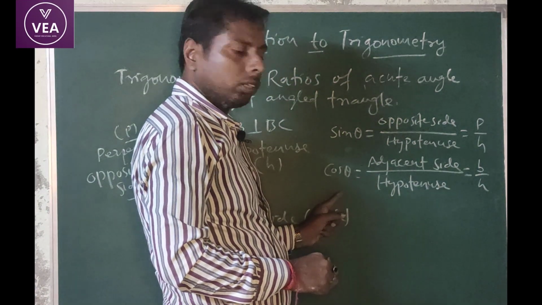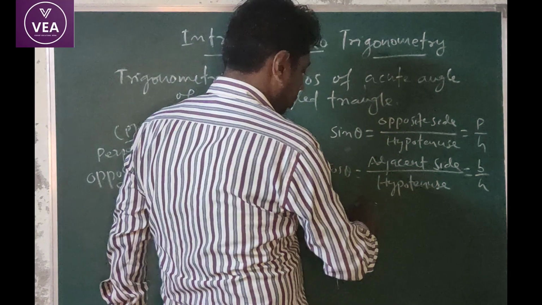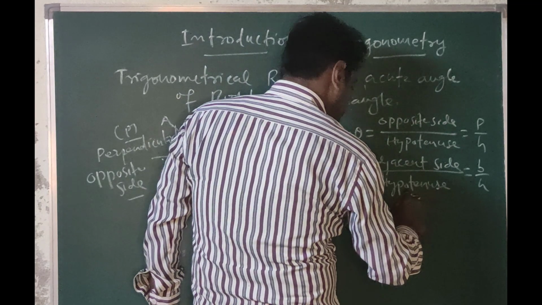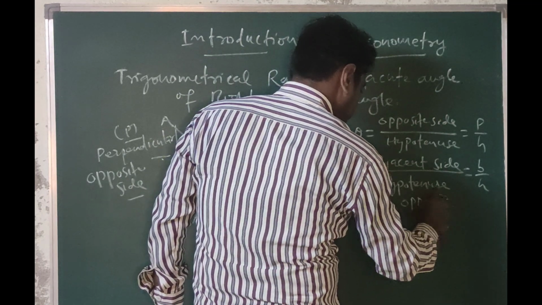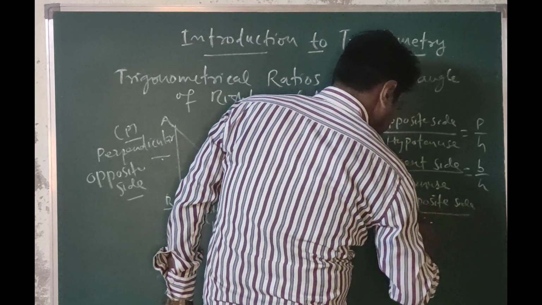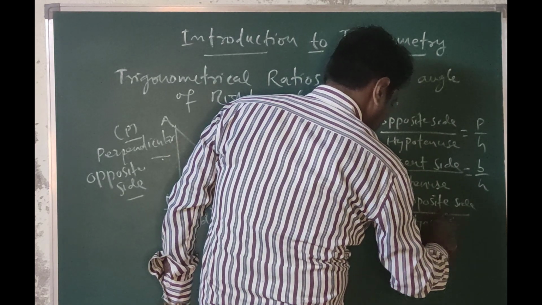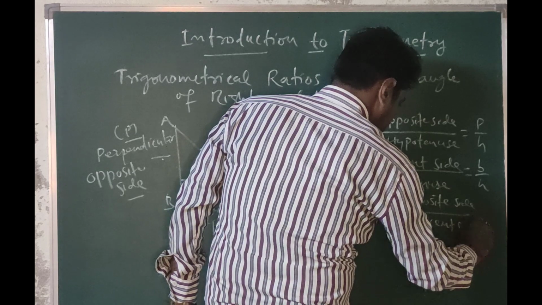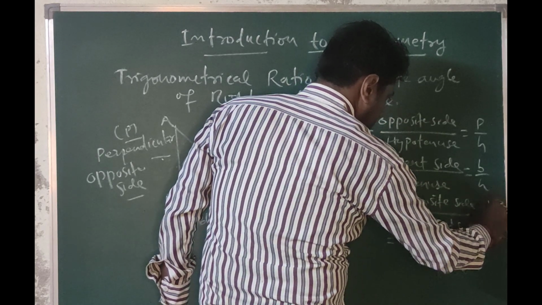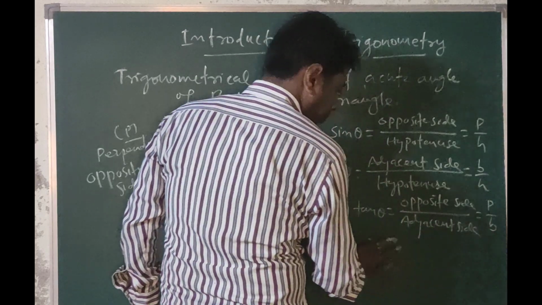Then tan theta equals opposite side by adjacent side, so the formula will be P by B.